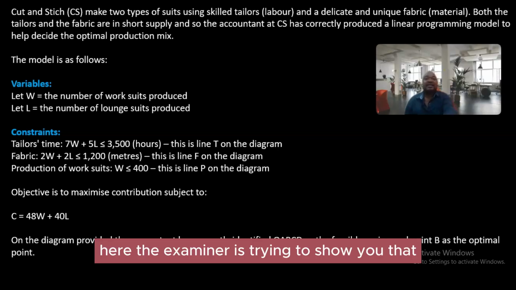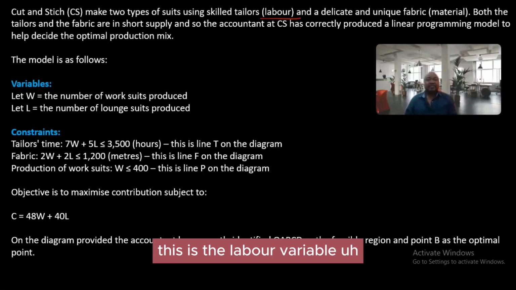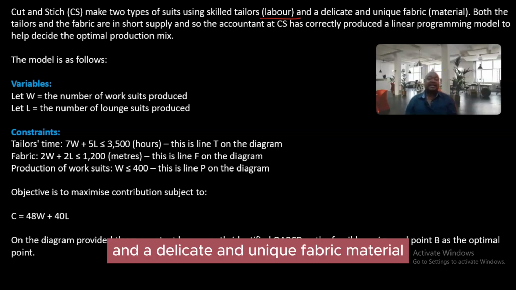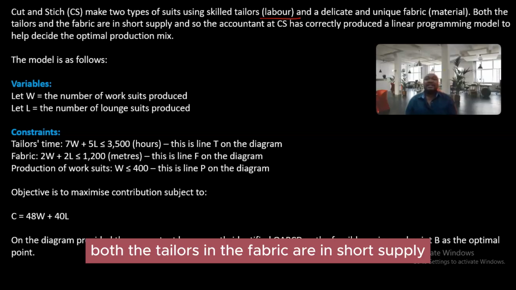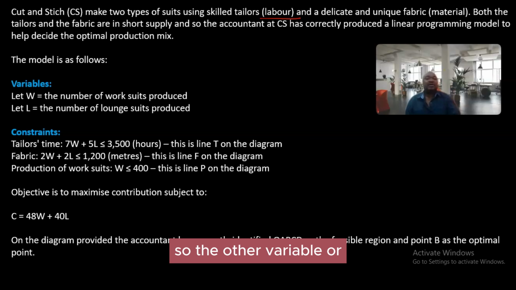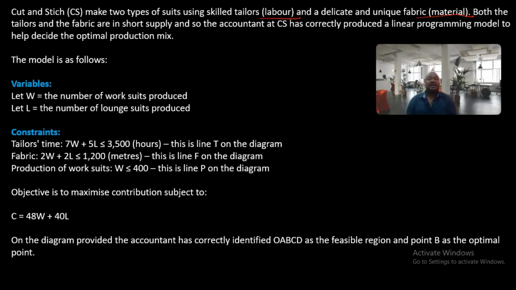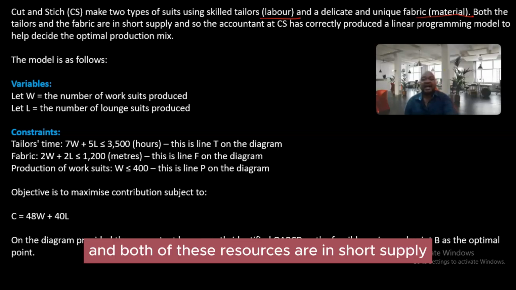Here the examiner is trying to show you that this is the labor variable, representing the skilled tailors, and a delicate and unique fabric material. Both the tailors and the fabric are in short supply. So the other resource is material, and both of these resources are in short supply.